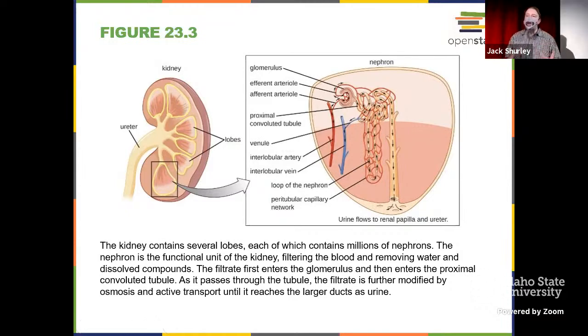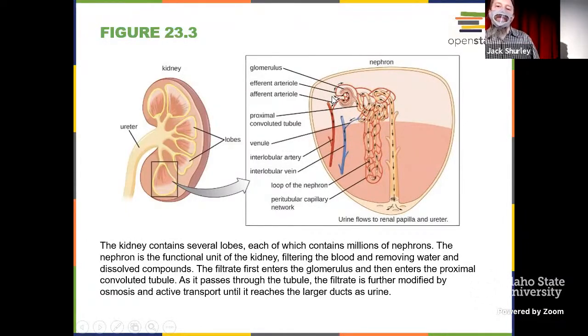So blood coming in, filtering, removing wastes, dealing with really osmoregulation as we're dealing with water balance as we're moving through. And you can see urine flowing out as the end product. So blood, the arrows, you can kind of follow the arrows, and there's all sorts of business going on here.